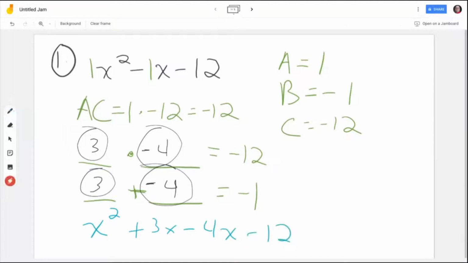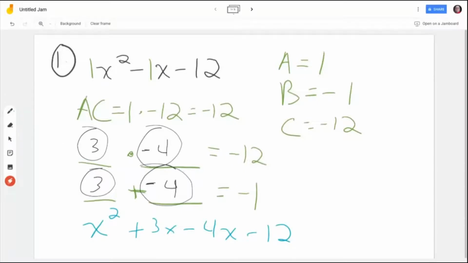Notice that if you combine these together, they are like terms, right? If we combine those together, we get the negative 1x. So these two polynomials that we have here are equivalent to each other. We've just kind of moved stuff around a little bit. That's all we've done. Okay.